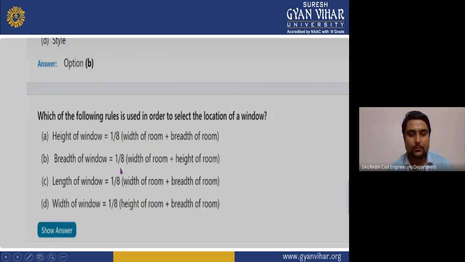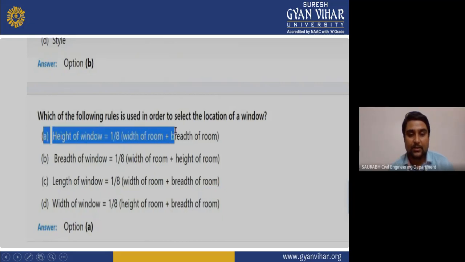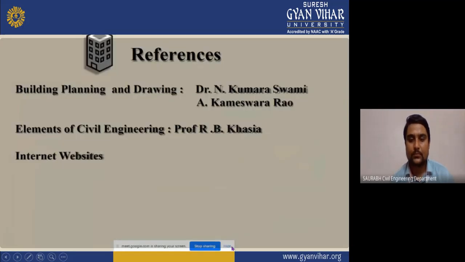Other options combine width, height and length of the room in similar ways. Here the right answer will be A, which is height of window equals 1 by 8 width of the room plus width of the room.